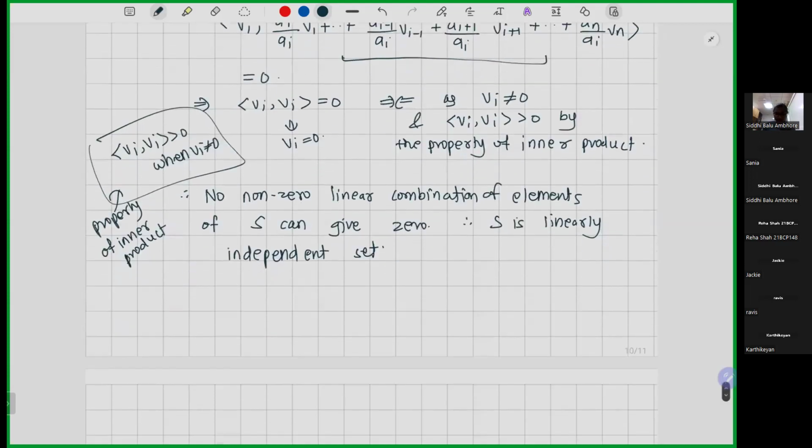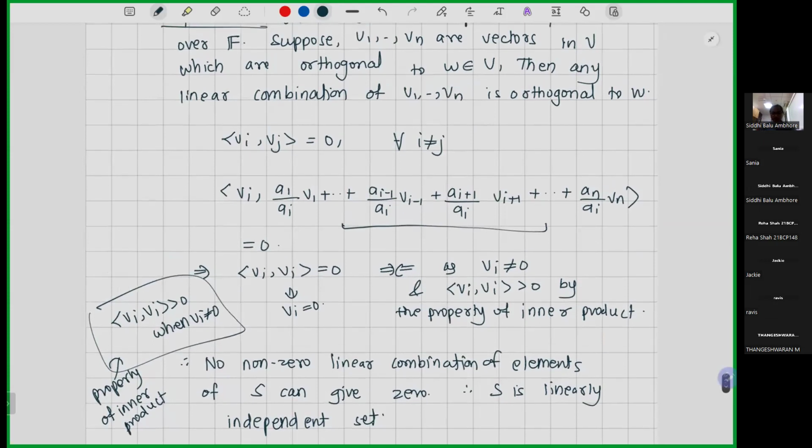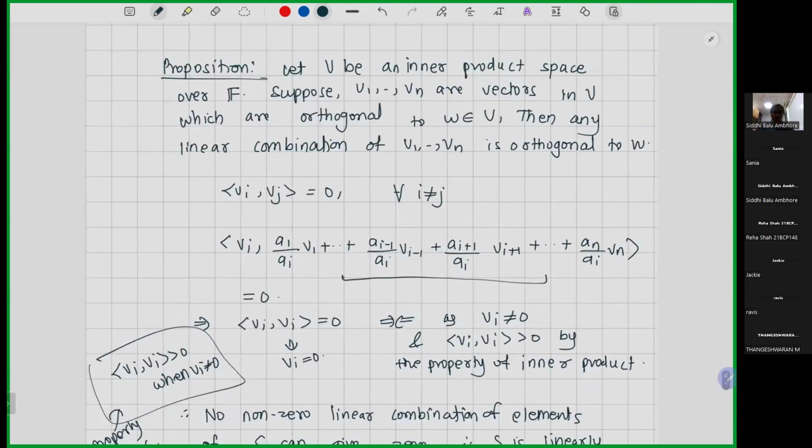Okay. Sorry, one observation. I'm clarifying my doubt here. Since we have expanded Vj, when we do the inner product, we would have to prove that A1 upon Ai is the complex conjugate.